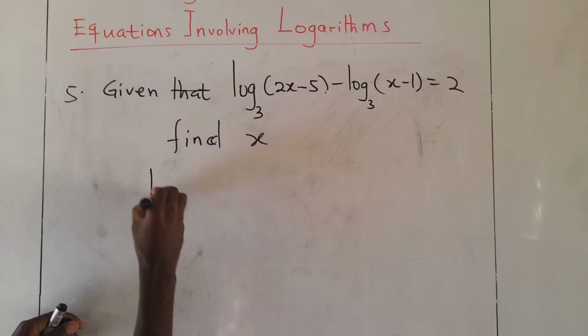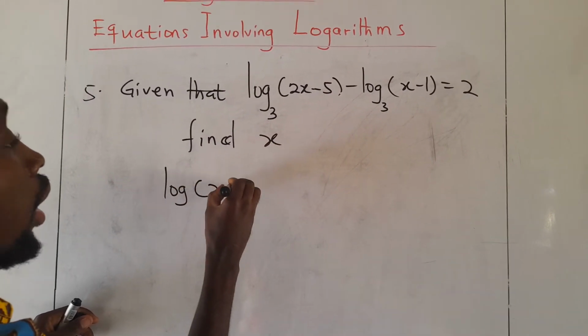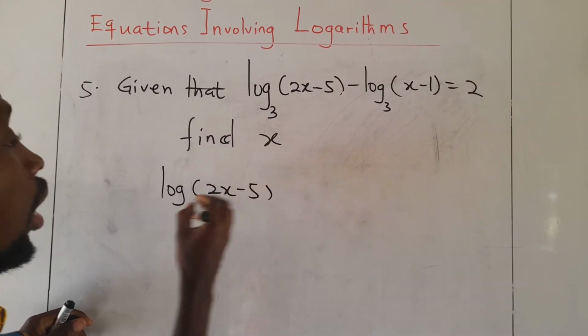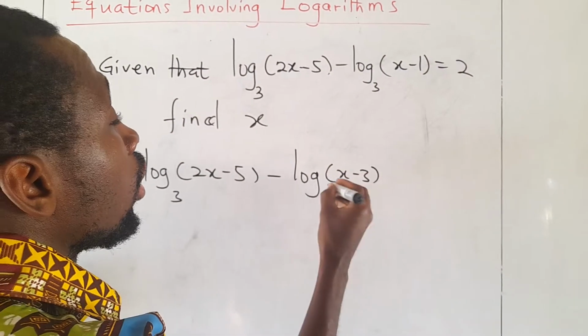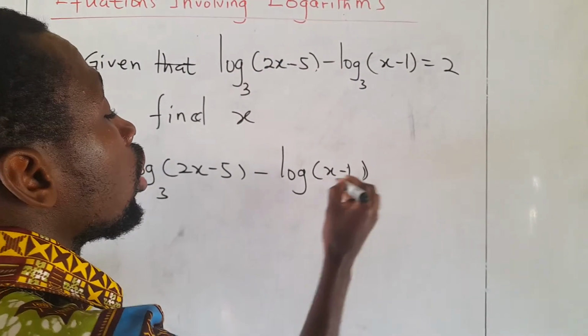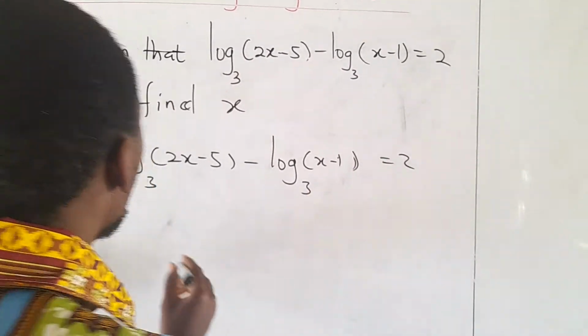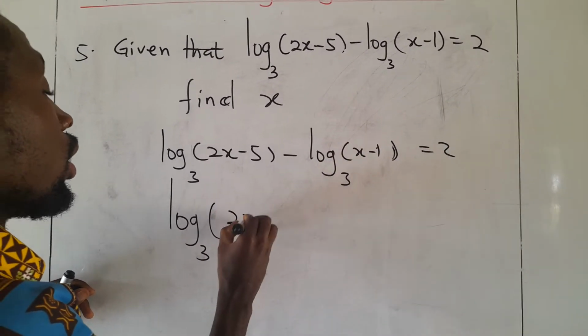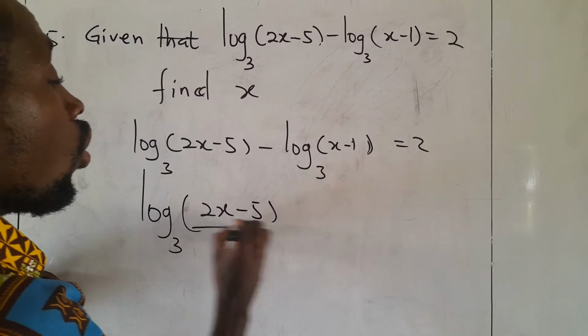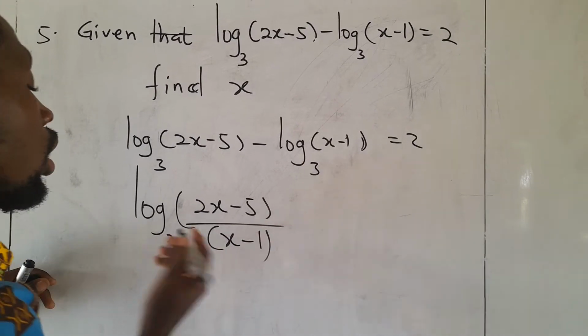Since they are subtracting, we'll use that law. So we will have log 2x minus 5 base 3 minus log x minus 1 base 3 is equal to 2. We can say this will be log 2x minus 5 over x minus 1 base 3.